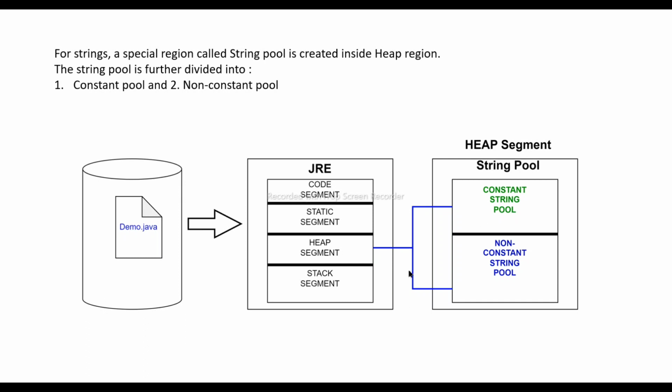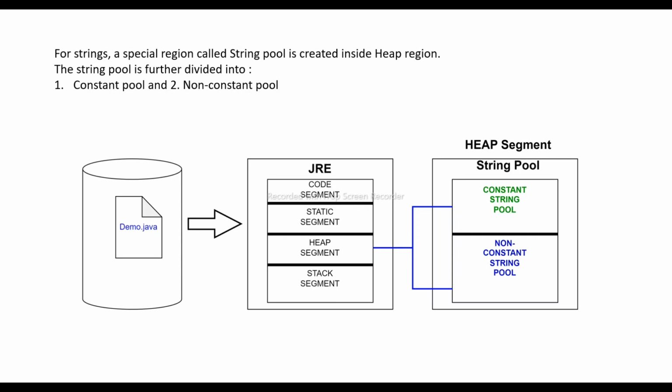Now, please don't look at this enlarged heap segment for now. I am saying that objects are directly created on the heap segment only. But now I am saying that strings are not created directly on the heap segment.